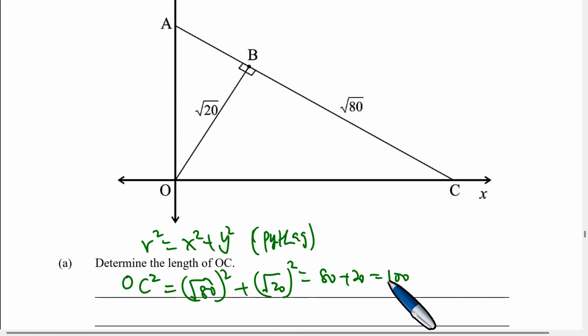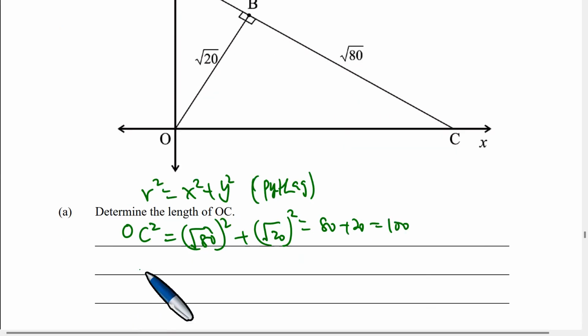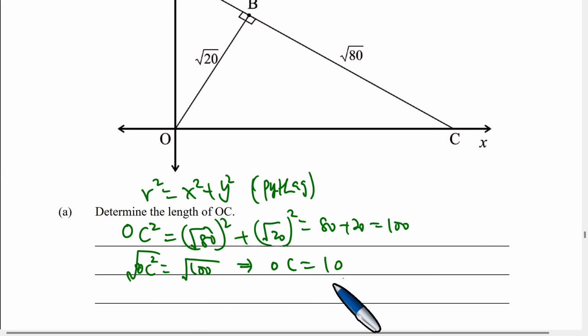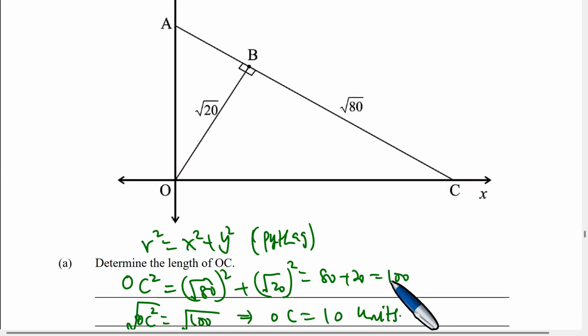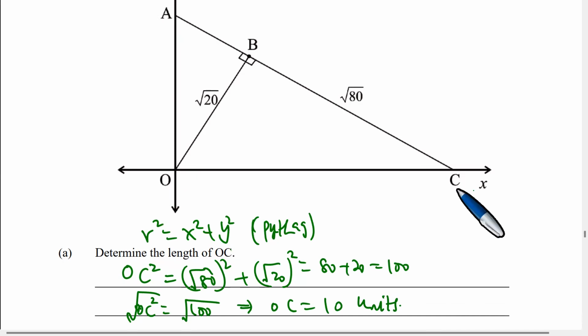Is 100. So which means that OC is the square root of 100, which means OC is 10 units. I wanted to just find the length of the OC here. So OC is clearly 10 units.